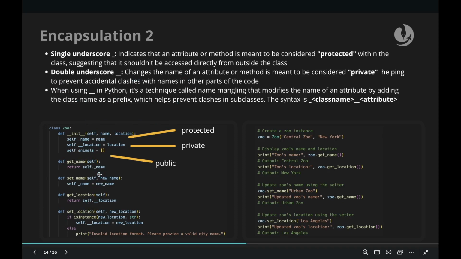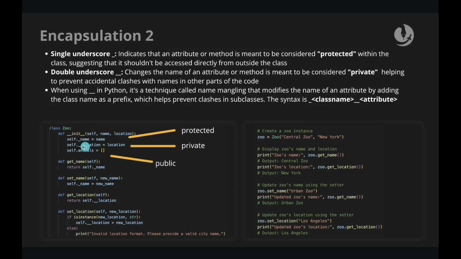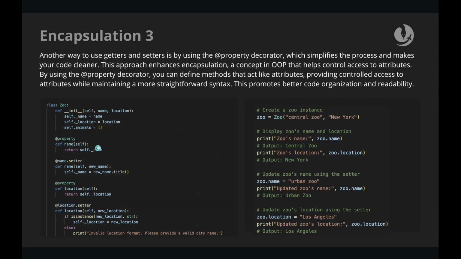And there's another one, a little bit more Pythonic, where we use the property decorator. So in our example over here, we have both name and location marked with a single underscore. And over here we had location marked with double underscore, but this doesn't matter. What matters is that whenever we use the property decorator like this, it will be our getter. So if we are doing a getter for the name, we are ignoring the underscore in front.